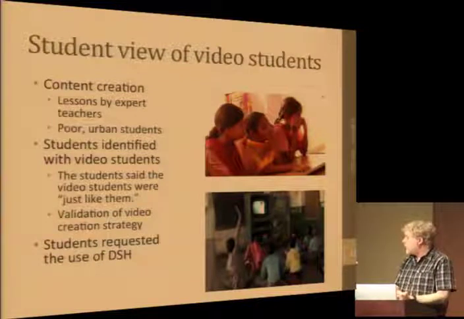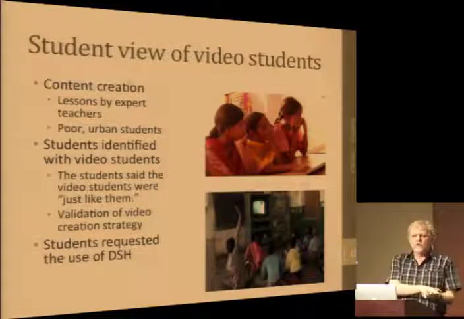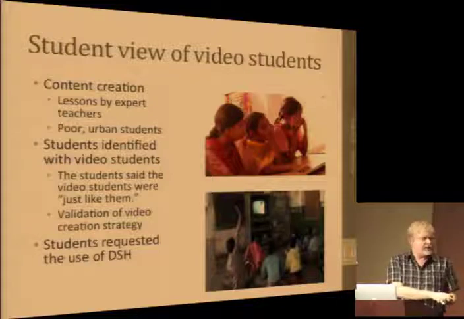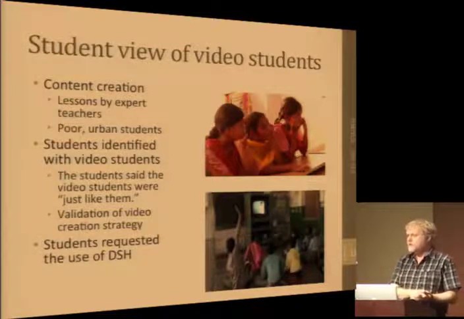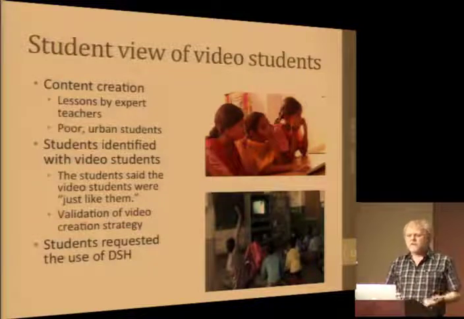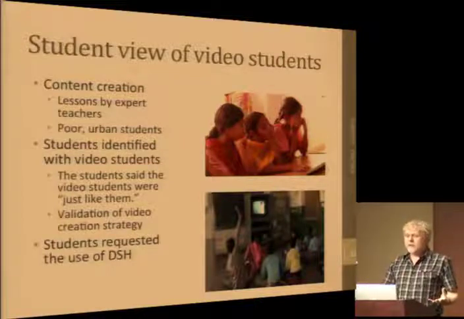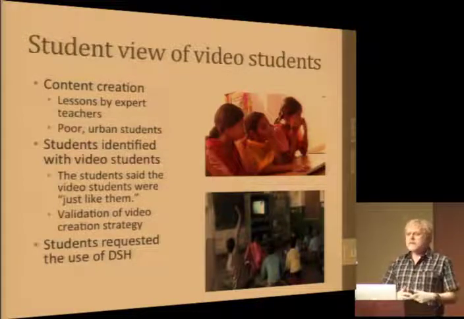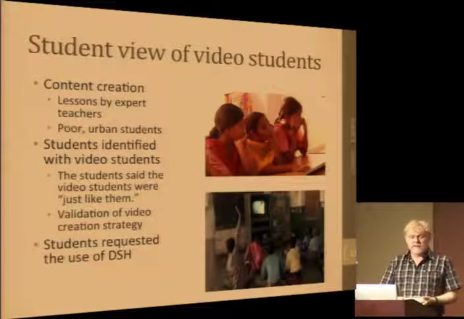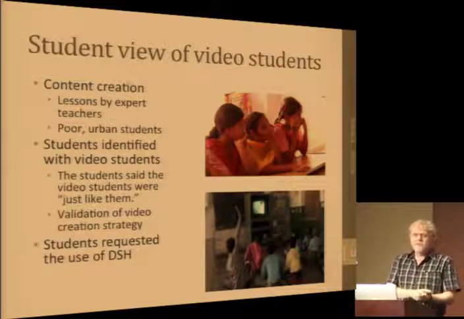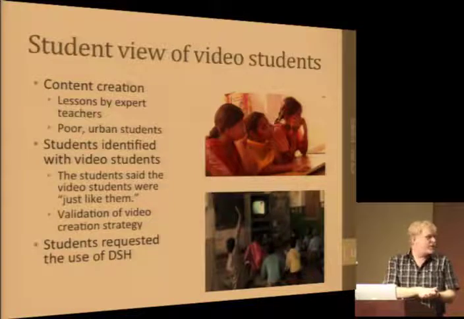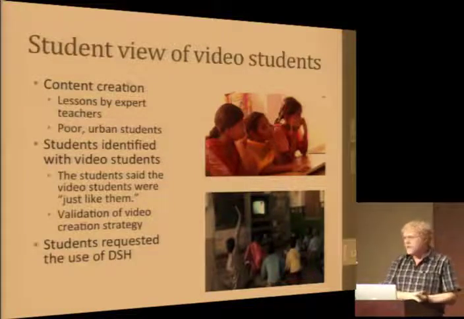In particular, when asked, the rural students identified directly with the students in the video, making remarks such as, "They're just like us, they're slightly better dressed, but they speak the same language, they're just like us." So this aspect was successful in matching the populations.